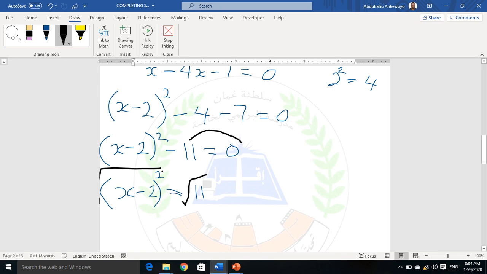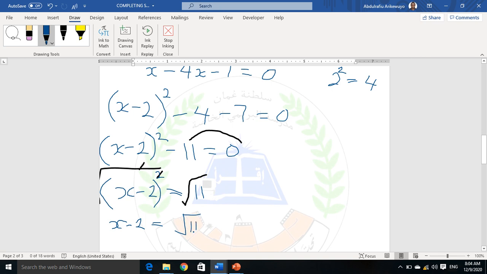Then I have this and this will cancel. So I'll have x minus 2 is equal to square root of 11. Can you see now?